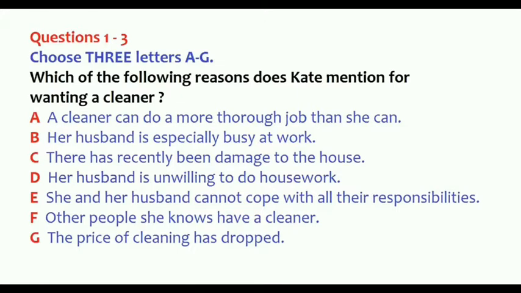Listen carefully to the first part of the conversation and answer questions 1 to 3.